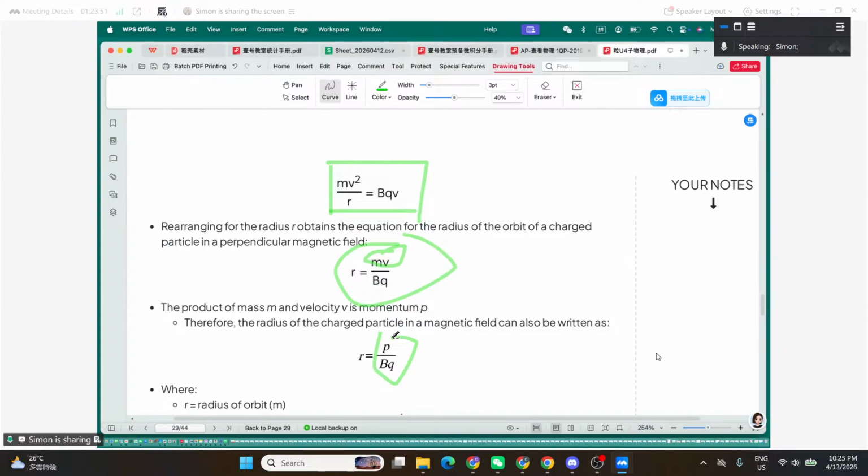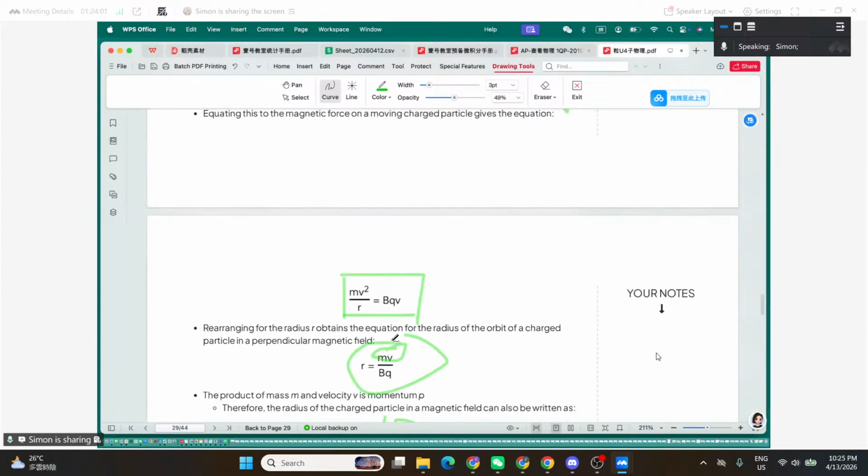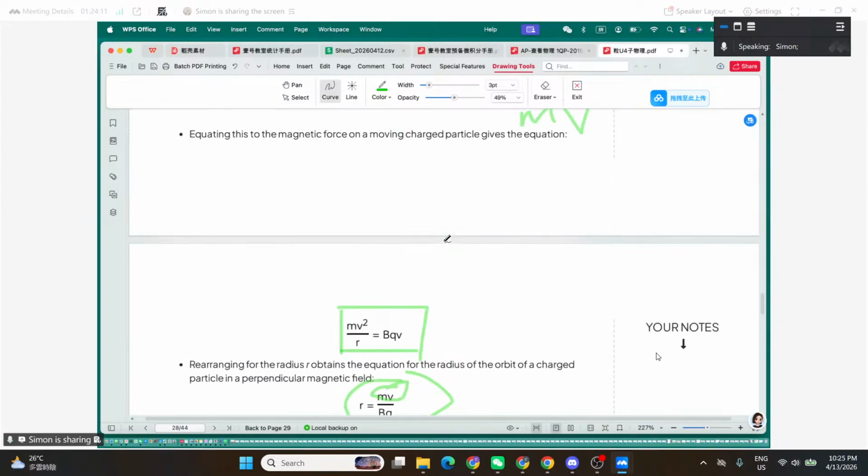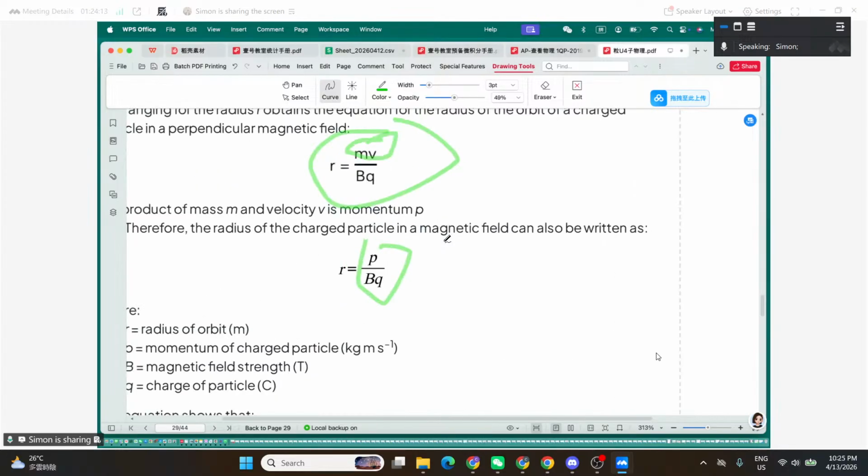If the charged particle does circular motion in the magnetic field, we can use this formula to calculate. So the radius is the momentum over BQ, or you can also use the mass and the velocity, mv over BQ. No problem.